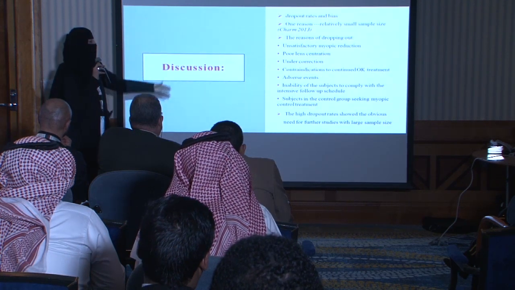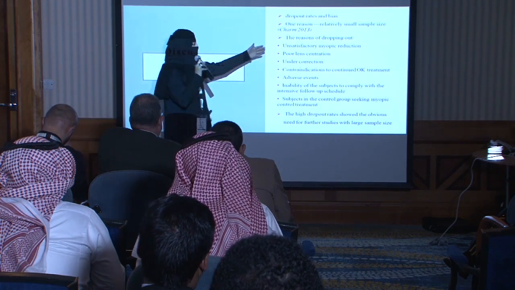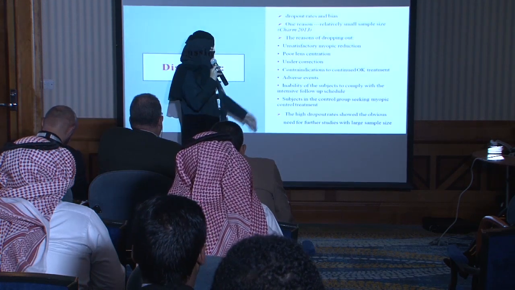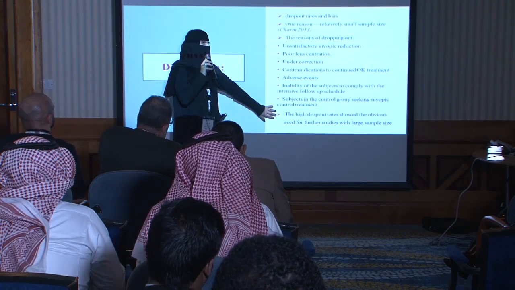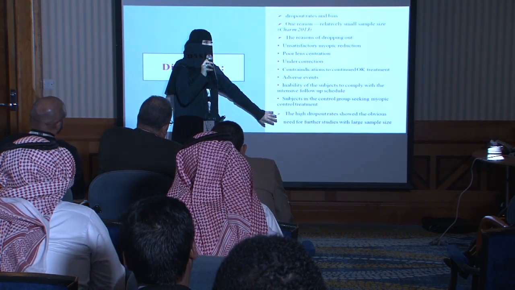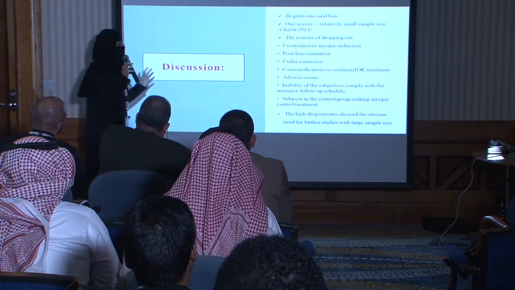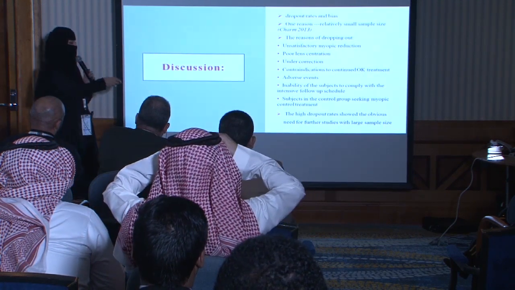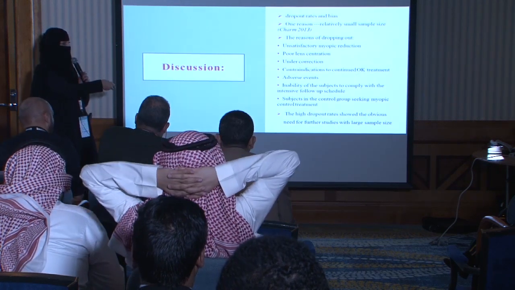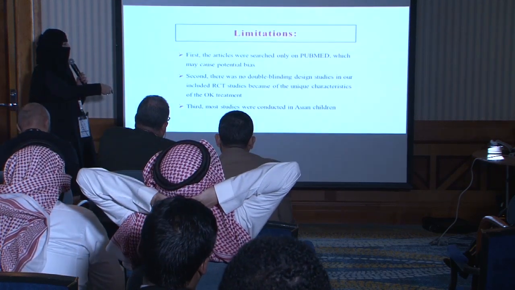And here you can see the reasons for dropout. And I found it was equally distributed between the OK group and the control group. So no statistical difference between them.